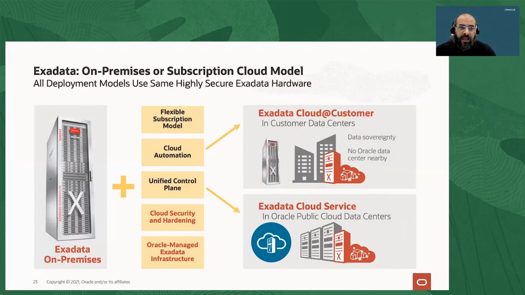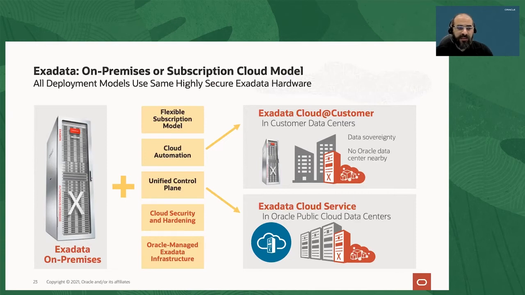Now, Exadata on-premise or in a subscription model in the cloud, all the models, all the cloud offerings, use the same highly secure and highly performant Exadata hardware. If you have an on-premise Exadata, or a cloud at customer, or a cloud service, you will be able to get a flexible subscription model.